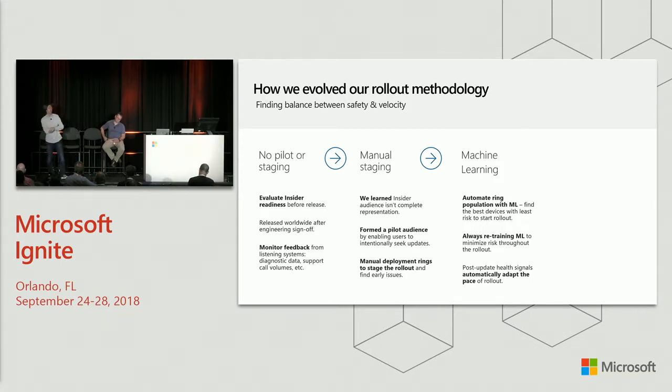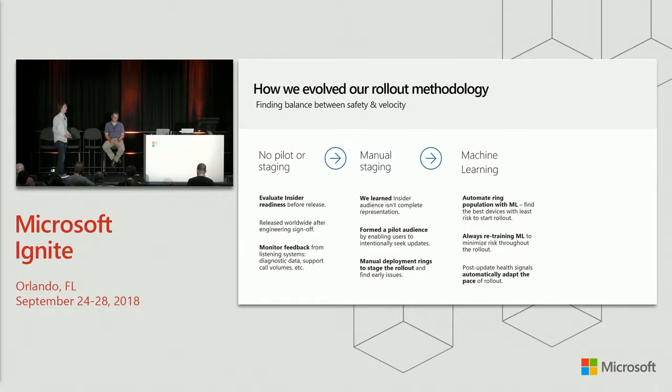We learned that if we could do a much better job computing all the permutations of hardware and drivers and software that were running on machines, we could do a much better job at putting devices that we had much higher confidence in up front. If you could imagine hundreds of millions of machines in every permutation of software and hardware, that's a lot of compute in order to do that, especially if we're going to do that very regularly.